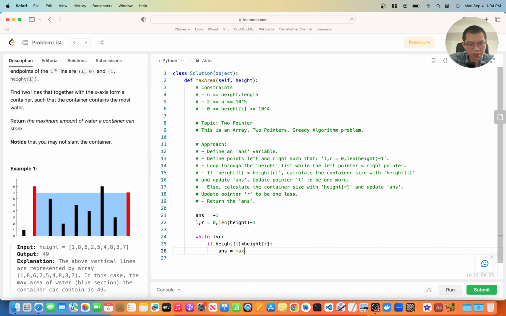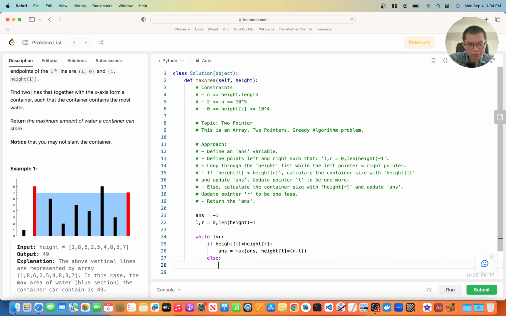Answer equals max(answer, ...), the height is going to be the lesser of the two bars. So in this case it's height L, and the width is always R minus L, right?